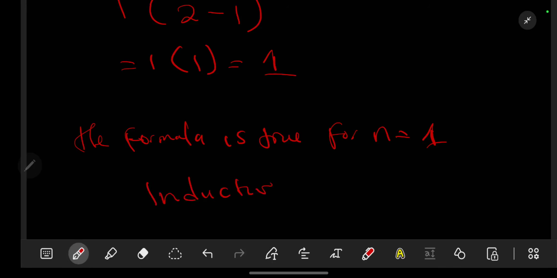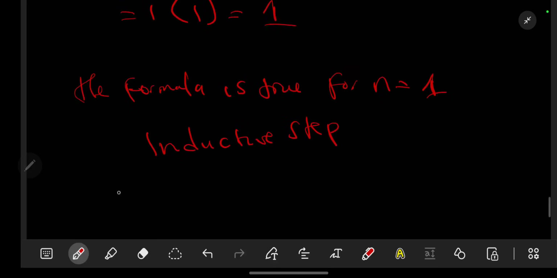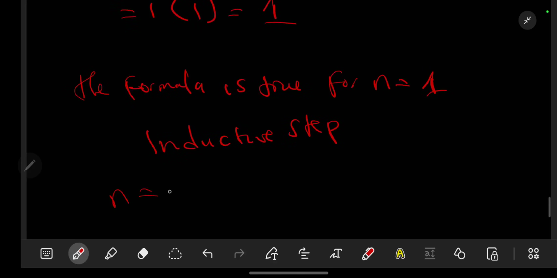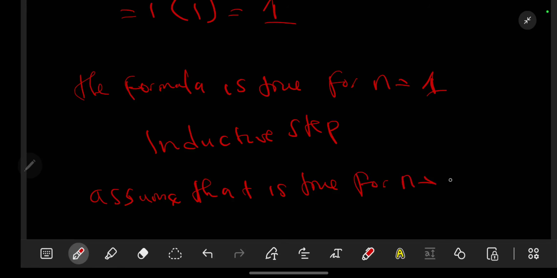Inductive step, our n is equal to, we are going to assume that it is true for n is equal to k. That's the inductive step.